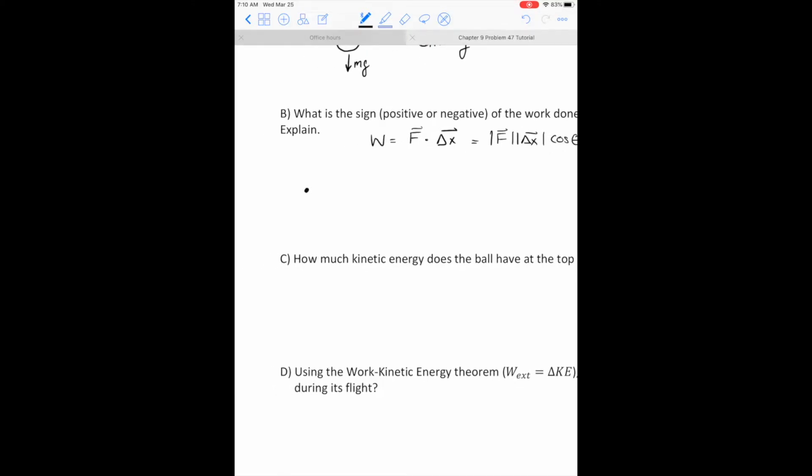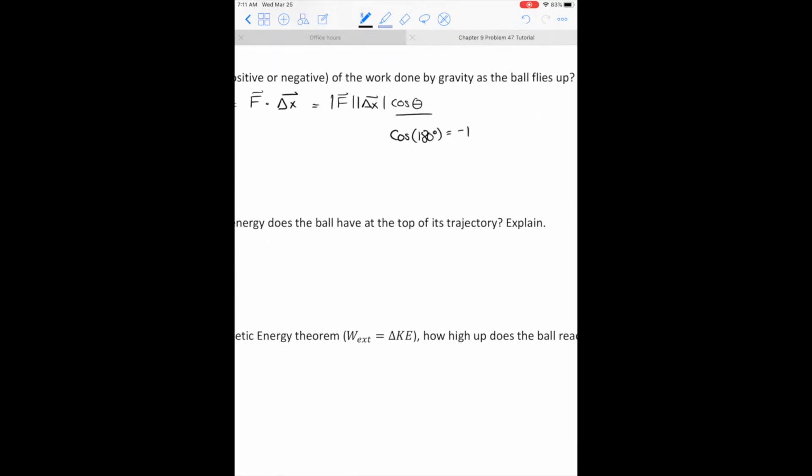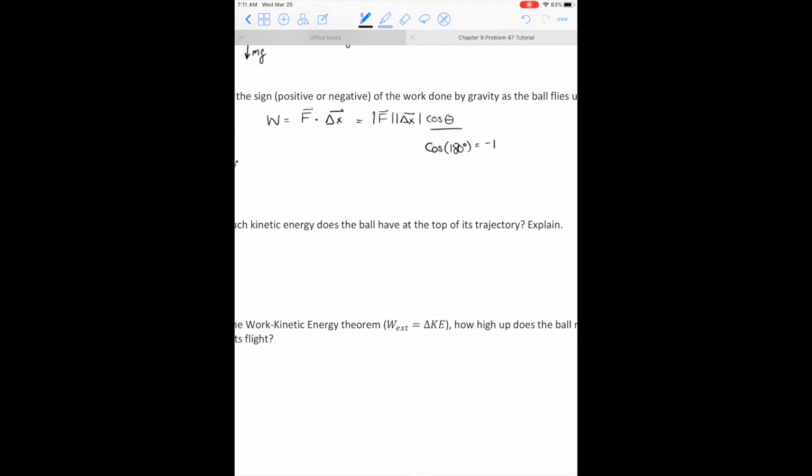Alright, so if I think about this ball, it is moving straight up. This is not a free body diagram, this is just a quick sketch. I have a displacement vector going up. I have my force of gravity going down. What's the angle between them? It's 180 degrees. So cosine of 180 degrees, that's negative 1. So what is the sign of the work done by gravity as the ball flies up?